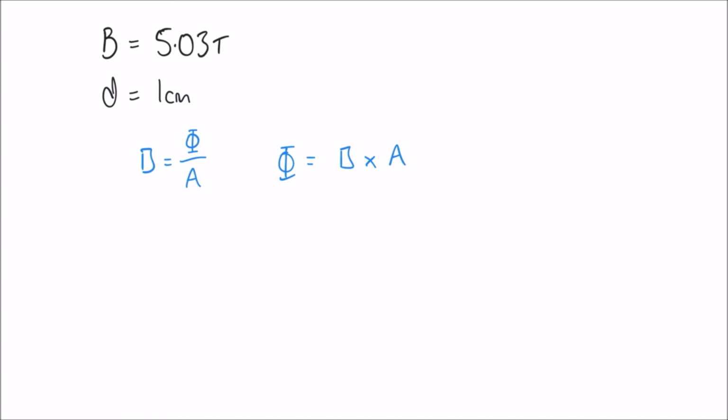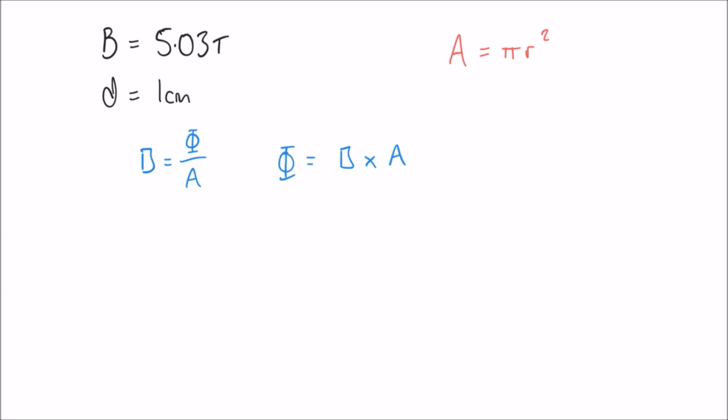So, first of all, we know that the diameter of the core is 1 centimeter. And we also know that it's a cylindrical core, so it's going to have a circular cross-section. So the area of a circle is given by the formula pi r squared. And first of all, the diameter is 1 centimeter, which is 0.01 meters.